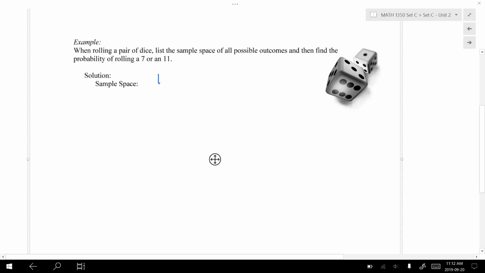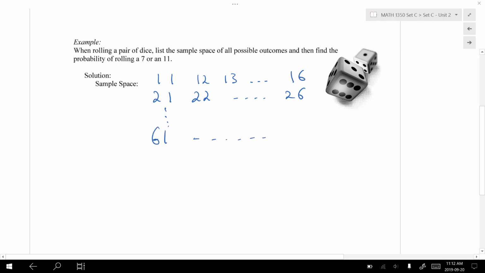You can imagine rolling a 1 and a 1, a 1 and a 2, a 1 and a 3, all the way up to 1 and 6, or a 2 and a 1, 2 and a 2, etc., all the way down to 6 and a 1, and 6 and a 6. So this is our sample space here. Previously, we've said there are 36 outcomes. And these are all simple events.